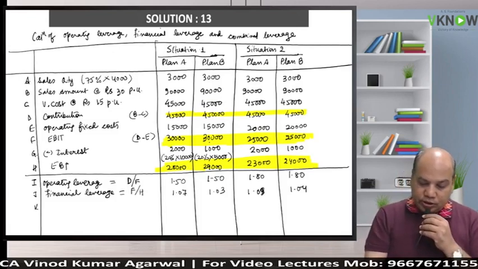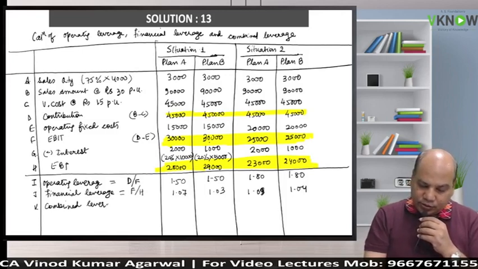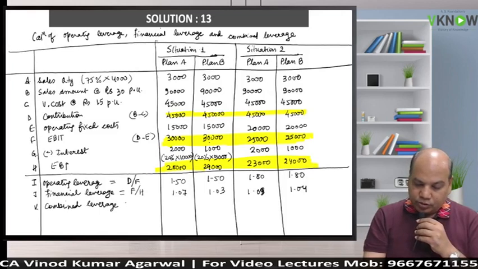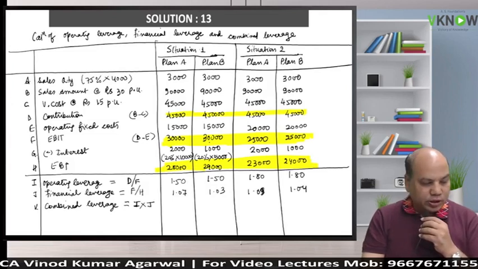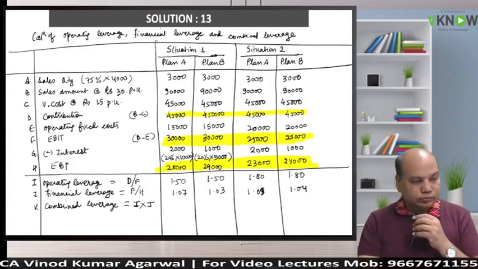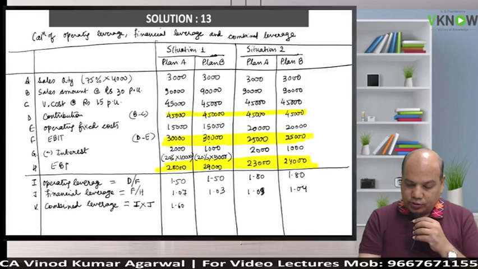Point number K, write down combined leverage. Combined leverage means operating leverage into financial leverage, I into J. Just multiply. 1.605.